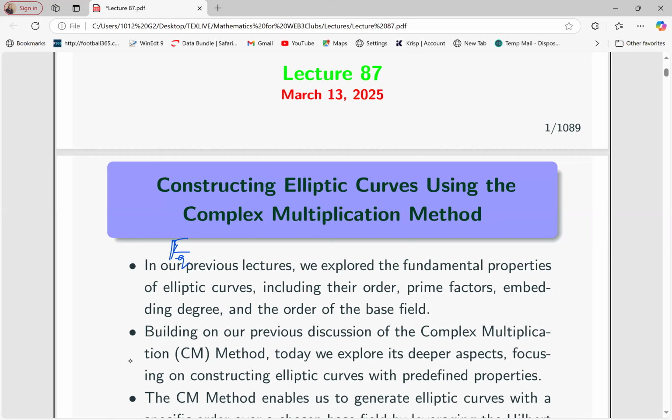Let's say Fq. Then you must decide how many points you want your elliptic curve to have, so the order of the elliptic curve. This is the number of points that this elliptic curve would have when defined on this field.